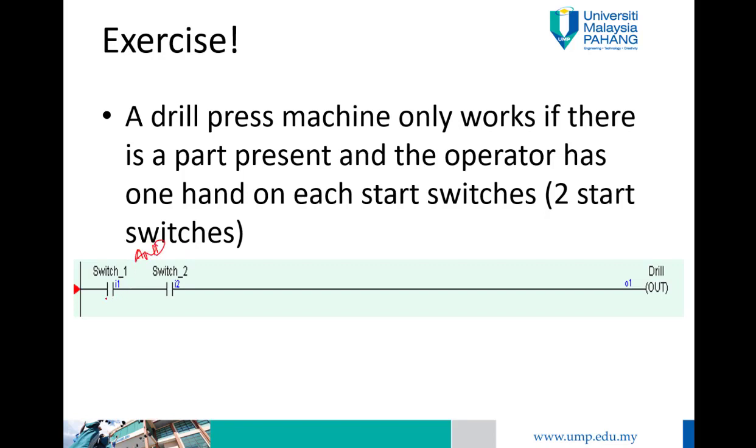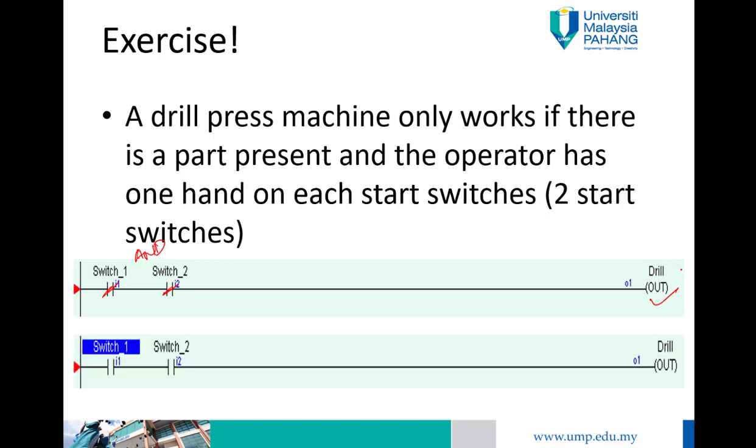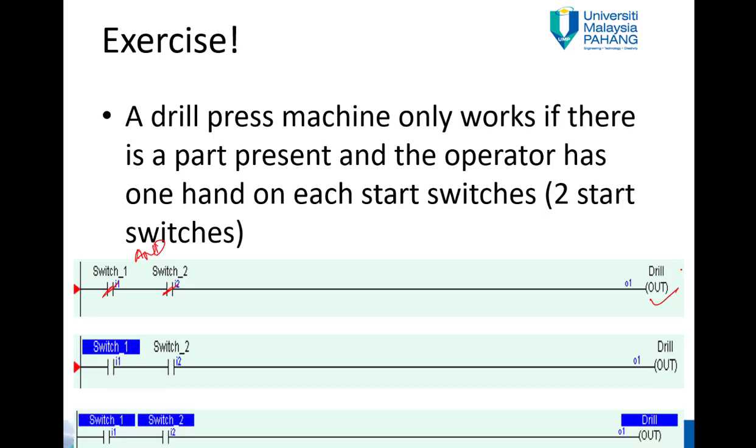Both switches must be pushed, or actuated, in order to have the output for the drilling. If we just press switch 1, there is no output. We must actuate both contacts to have the output at the drilling process.